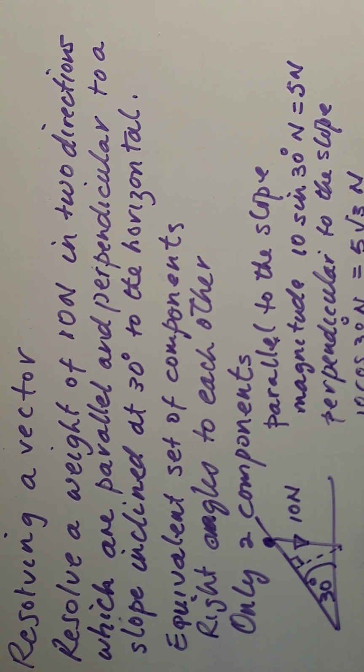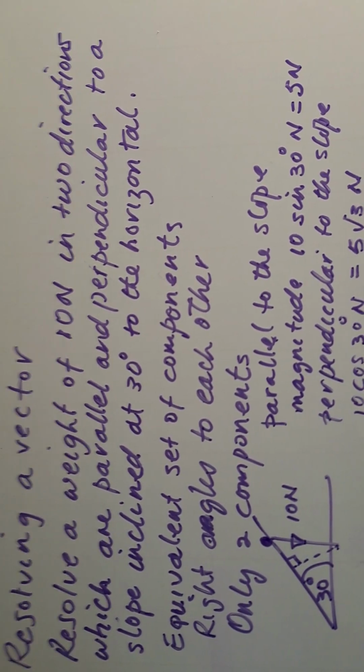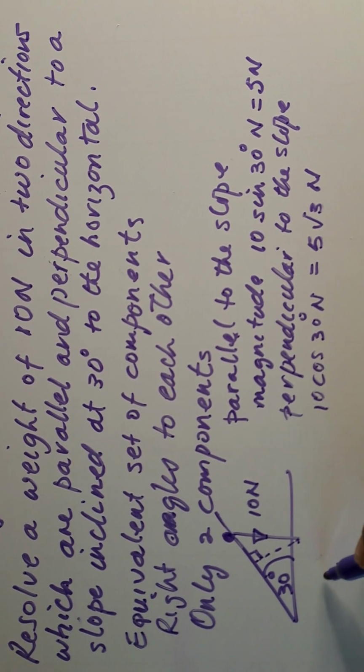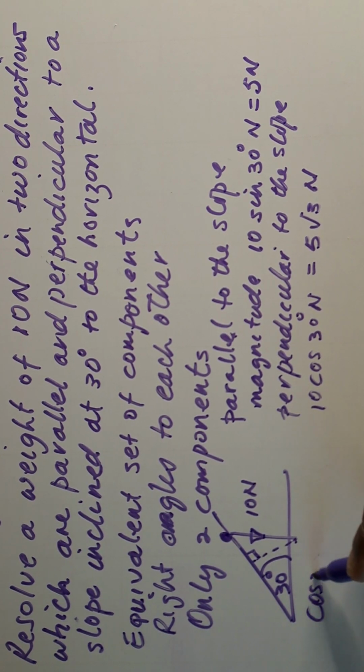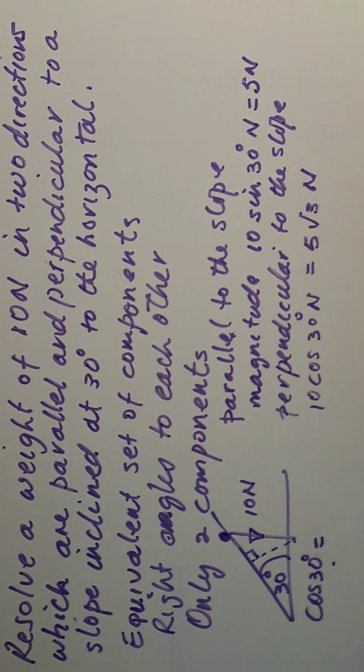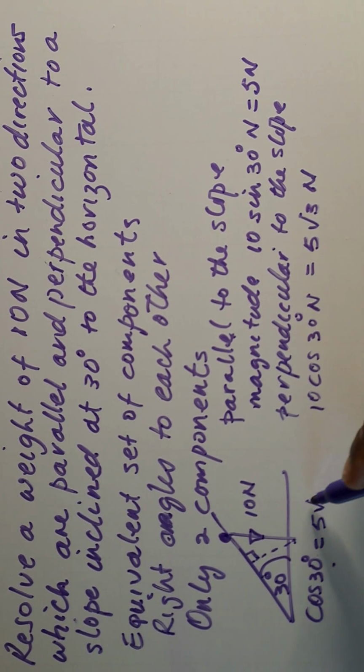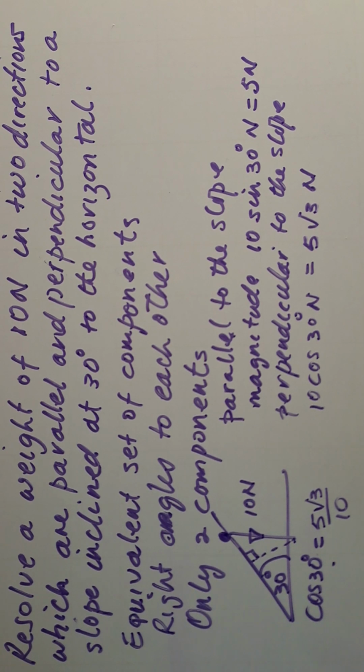If you're confused by this, you can write it in terms of the trig ratio: cosine 30 degrees is equal to the adjacent over hypotenuse. And if you were to rearrange this, we'll have 5 root 3 over 10.